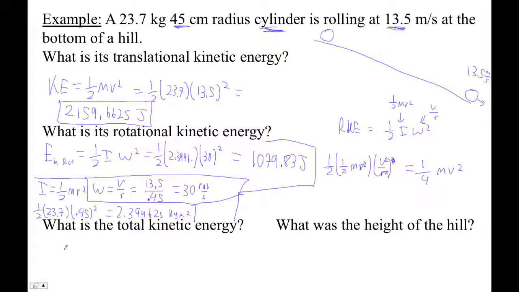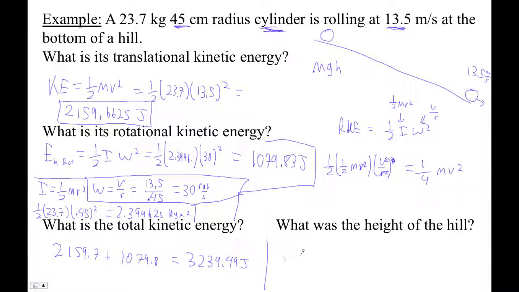Okay, so what's the total kinetic energy? Well, this is rocket science. That's 2159.7 plus 1079.8. I'm going to add them so precisely. And I get 3239 joules. And then what's the height of the hill? Well, at the top of the hill, it's got mgh. At the bottom of the hill, it's got this and this.